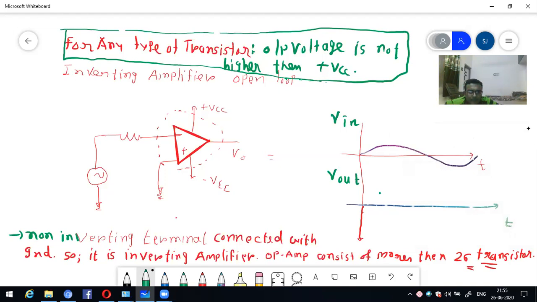Output voltage is not higher than VCC. Means what? Maximum output is plus VCC.